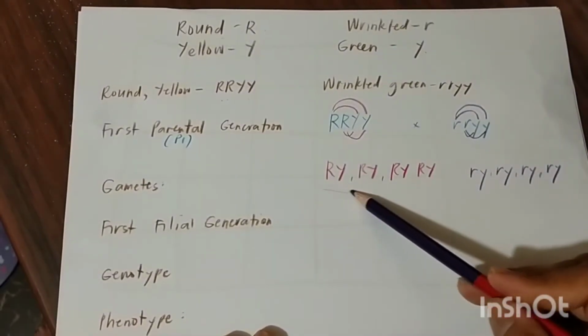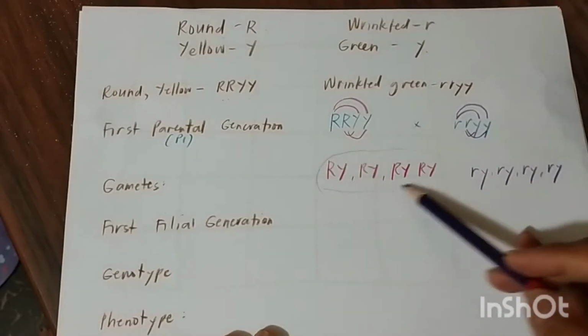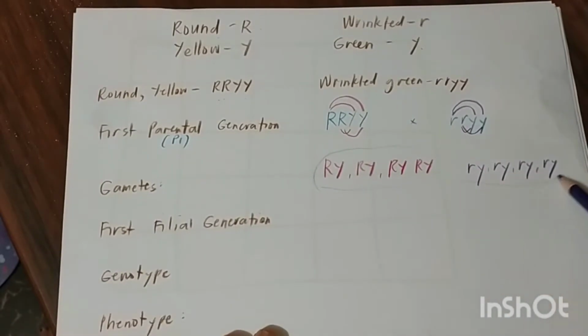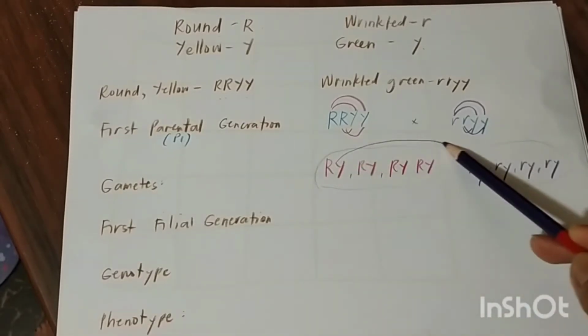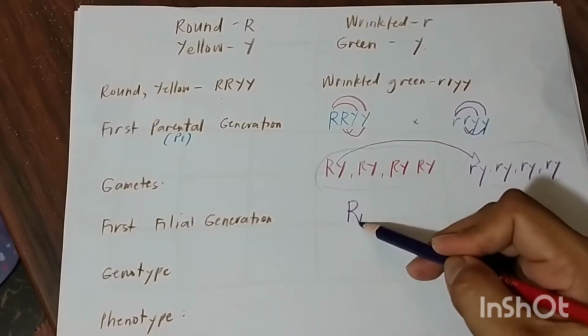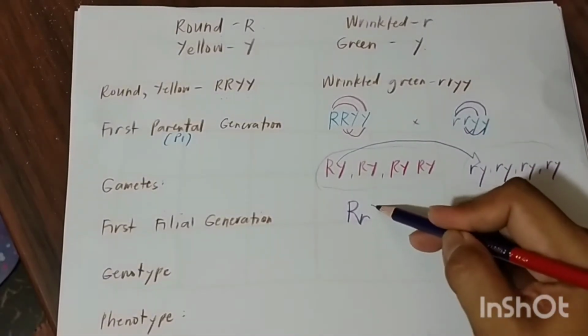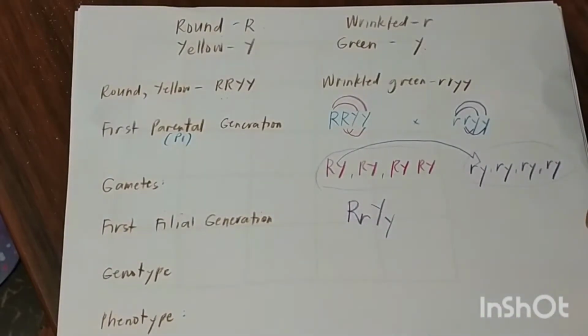So take note that the gametes of the round and yellow are all the same, and likewise for the wrinkled and green. So for our first filial generation, if you cross them, you will have one capital letter R, one small letter r, one capital letter Y, and one small letter y.